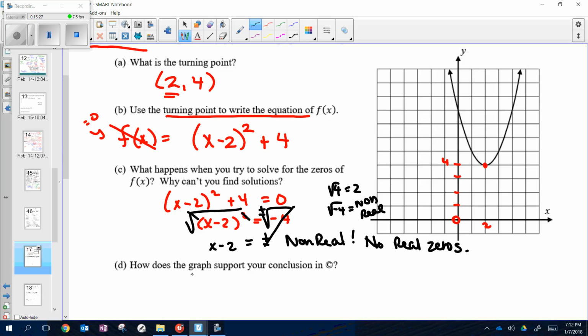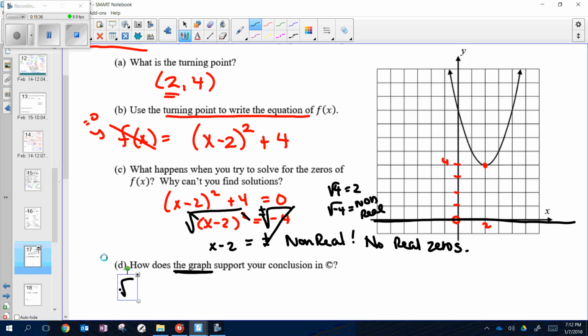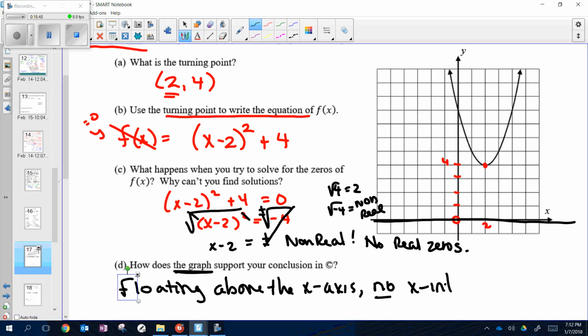If you look at the graph, you can tell there's no real zeros because the graph is floating above the x-axis. In other words, there are no x-intercepts. So that totally supports the fact that there's no real answers.